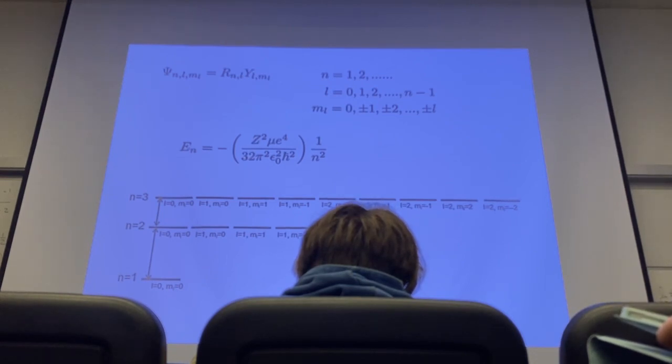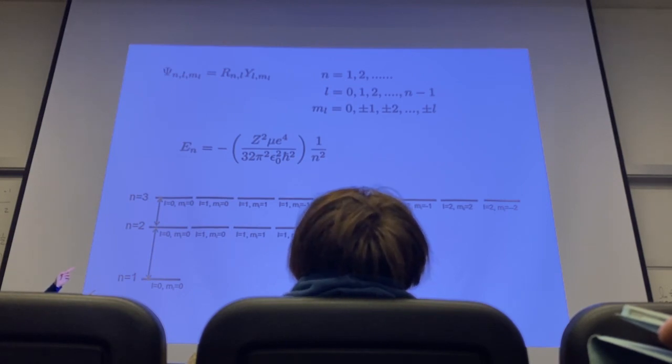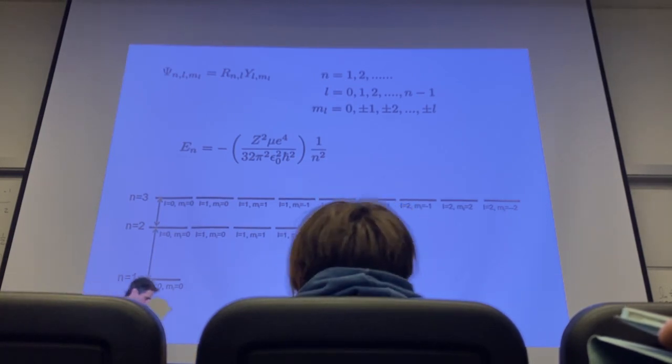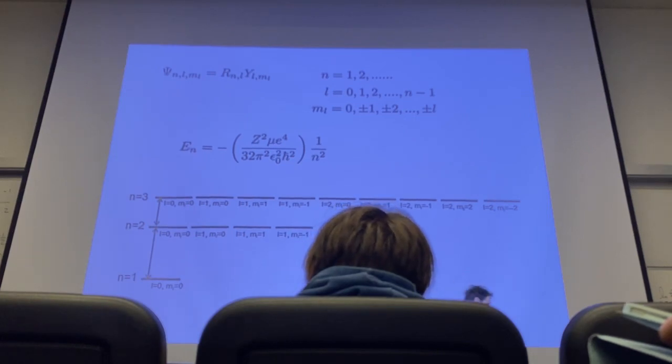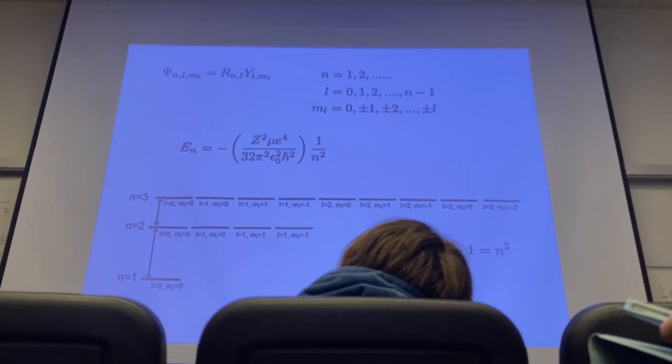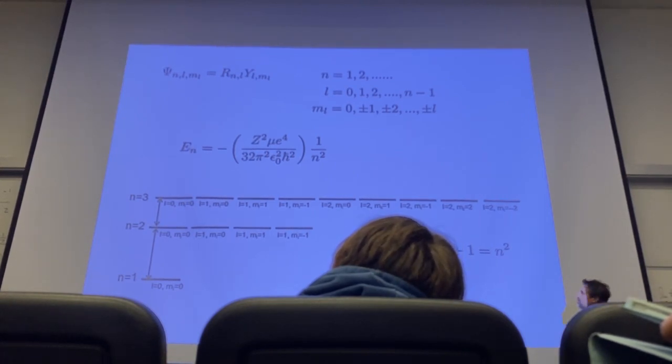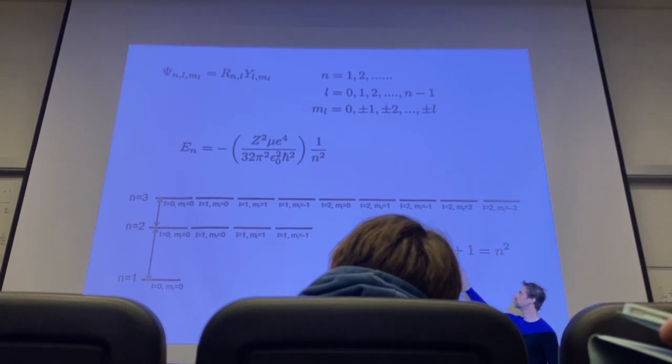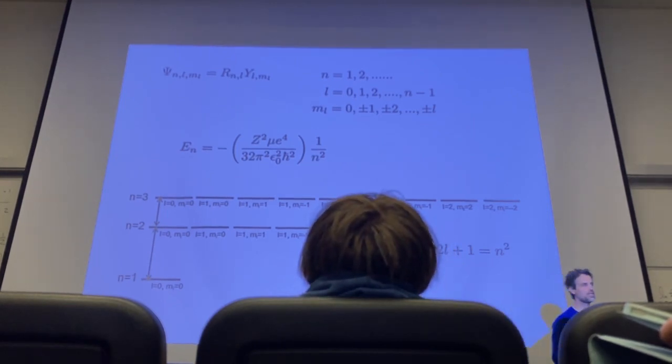Now there's a very nice relation between the principal quantum number and the number of degenerate states. As you can see, I only have one value for n equals 1. I have 4 for n equals 2, and a total of 9 states with the same energy when n equals 3. And in fact, I can write down a so-called degeneracy parameter called G, which can be computed in this fashion, 2L plus 1. 2L plus 1 is the number of ml states.